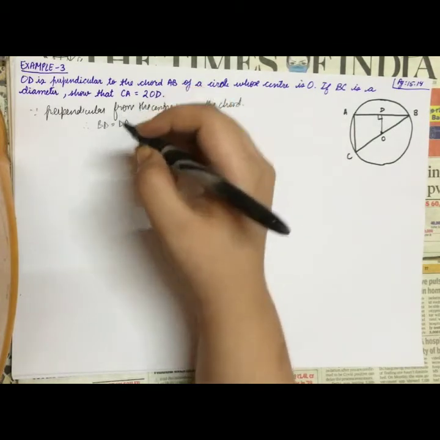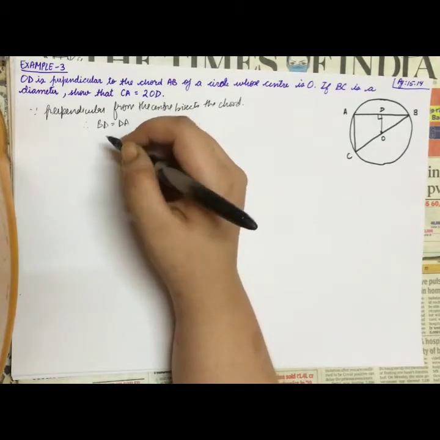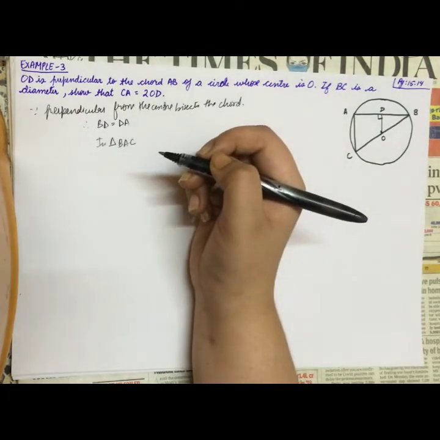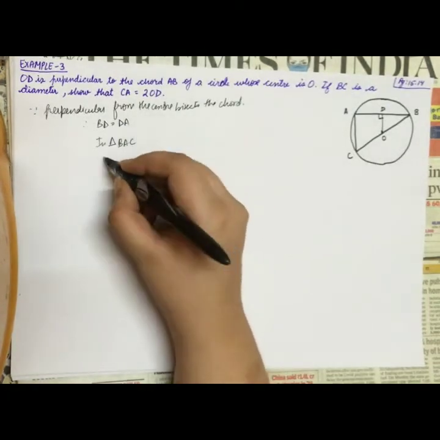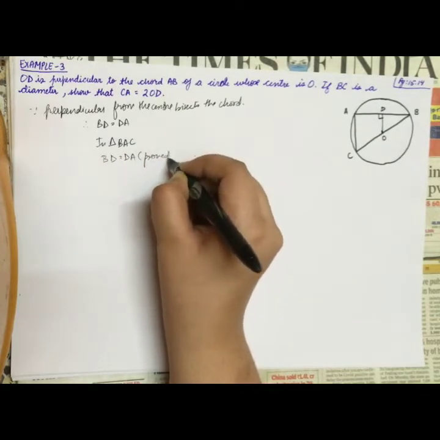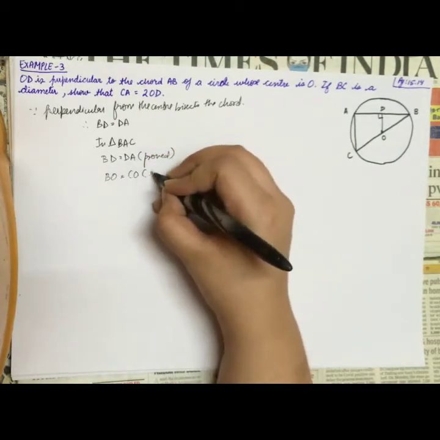Now in triangle BAC, we can see that BD is equal to DA, which we have proved. Similarly, BO is equal to CO, as they both are radius of the circle.